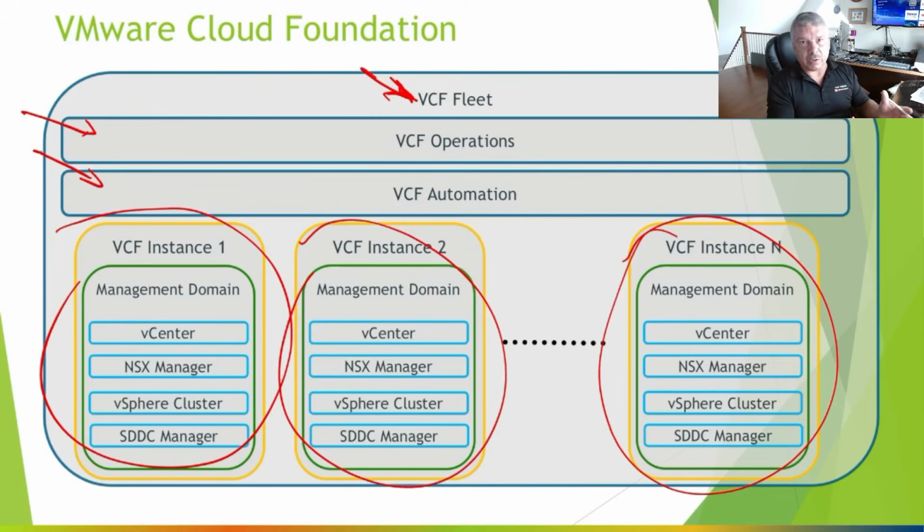That used to be called Aria Automation and Aria Operations, which used to be called vRealize Operations and vRealize Automation. It's now called VCF. So the fleet could be a single instance of a VCF environment or multiple instances. I don't know if there's a maximum number; I haven't seen one as of this recording.